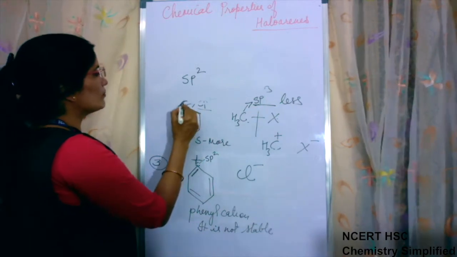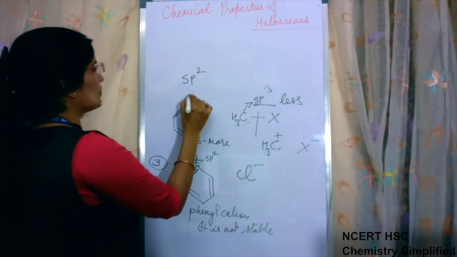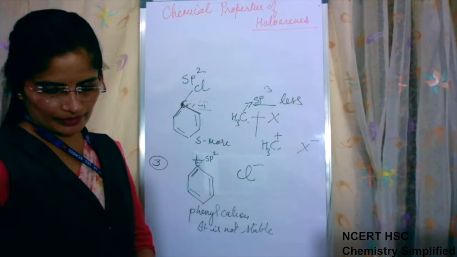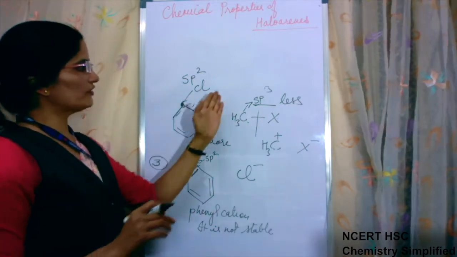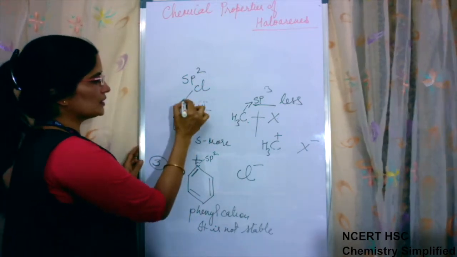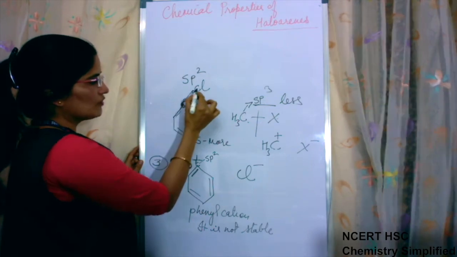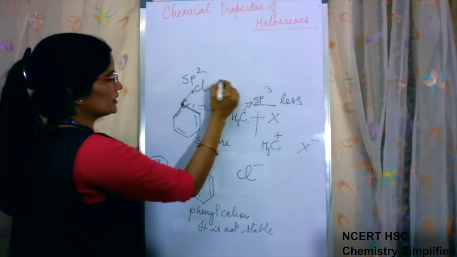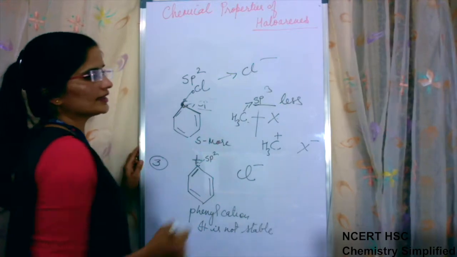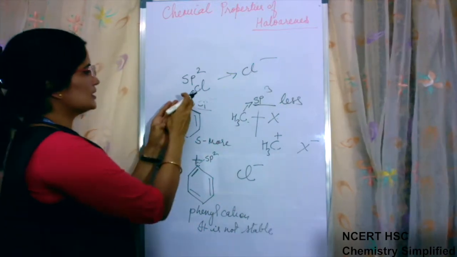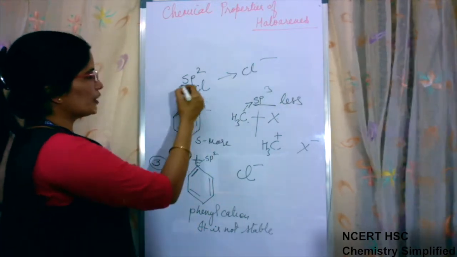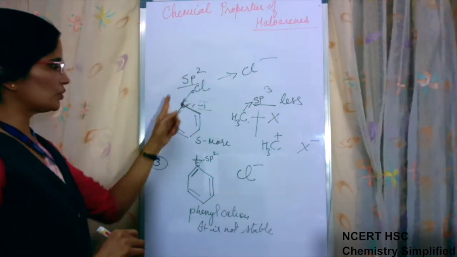When we want this bond between carbon and chlorine to break, what is actually going to happen? This is a shared pair of electrons. When chlorine goes, it will take away these with it, then only it will be known as Cl negative. So we want these electrons to go with chlorine, but because of sp2 hybridization, what is happening?